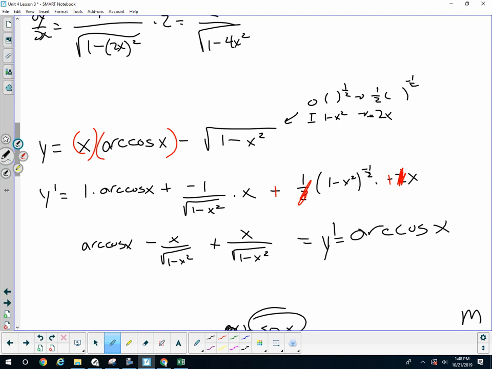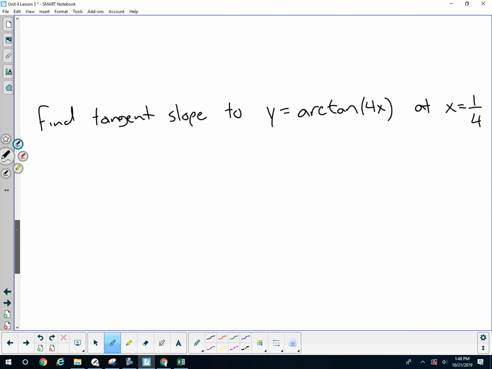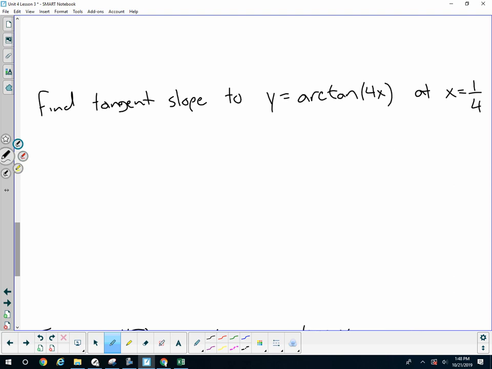Most of the problems we will be doing will just be like the derivative of this inverse trig function at a value. So find the tangent slope to arctangent of 4x at x equals 1/4. Use the chain rule to find the tangent slope generator.